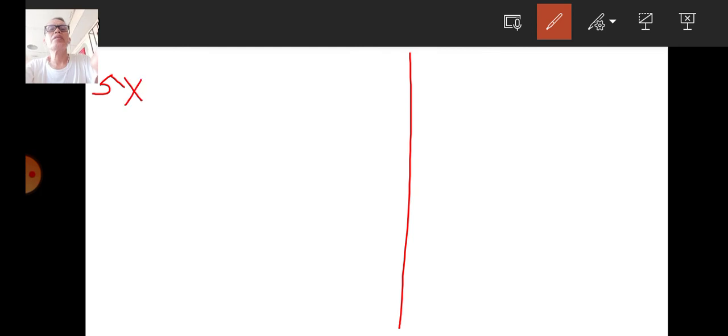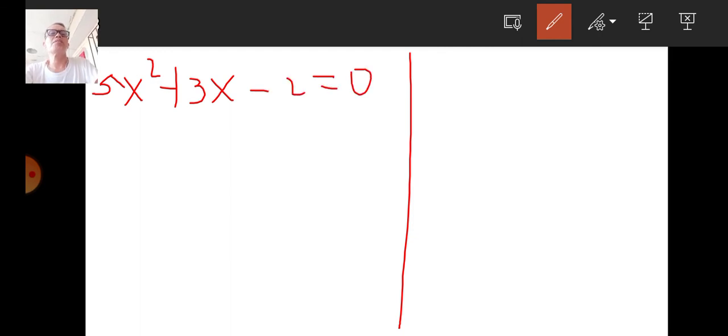So another example. If we have 5x squared plus 3x minus 2 equals 0.